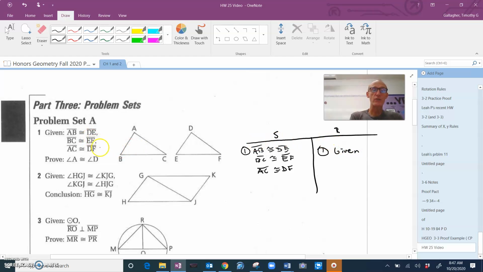Now, if we mark our diagrams, which is helpful, AB congruent to DE, BC congruent to EF, and then AC congruent to DF. Those were all givens. And then the triangles are congruent. So triangle ABC congruent to triangle DEF.